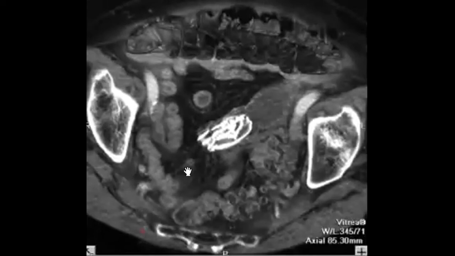They have something called the wait and see approach. If this patient is asymptomatic, they wait and see, because sometimes this stent can pass through the rectum and go alone. If this stent was stuck in the stomach, maybe they can remove it by endoscopy.